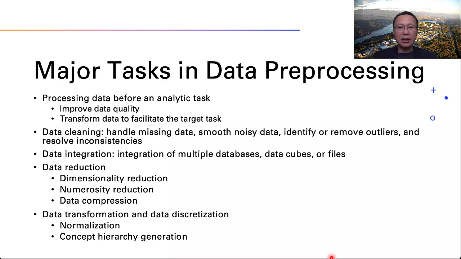So in this lecture, we will cover all those topics to give you some basic ideas about data preprocessing. And at the end of this lecture, you should be able to start your data exploration and preprocessing on your own, using some tools and on some large data sets.